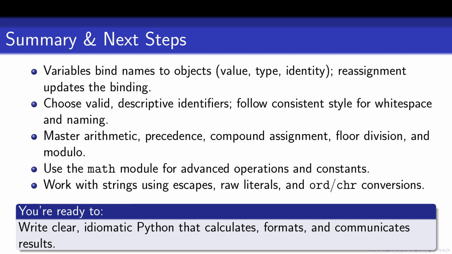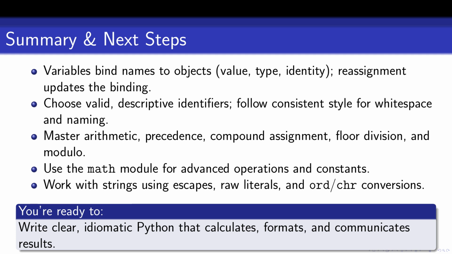To wrap up, let's review the key ideas from this lecture. Variables bind names to values, and reassigning them updates that binding. Identifiers must follow rules and should be descriptive, while style guidelines keep code readable and consistent. Everything in Python is an object, carrying a value, a type, and an identity, and knowing whether objects are mutable or immutable helps you predict their behavior. Arithmetic expressions, precedence, and operators like division and modulo form the foundation for calculations.